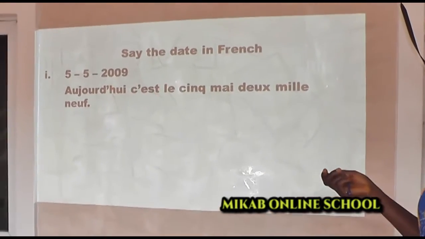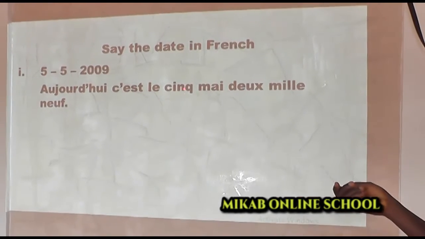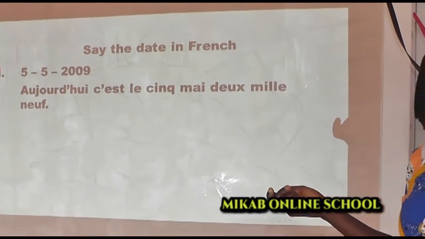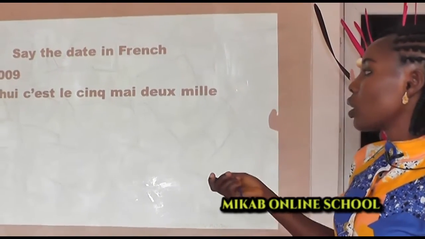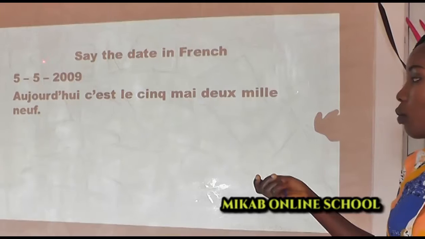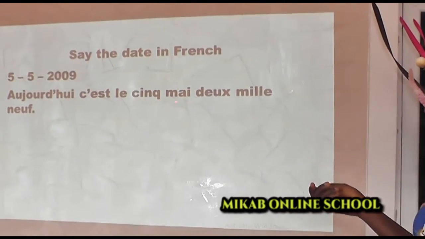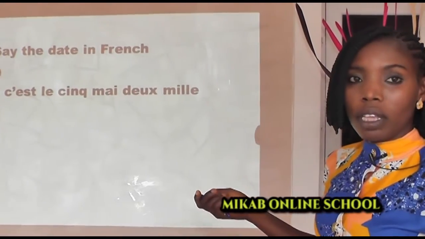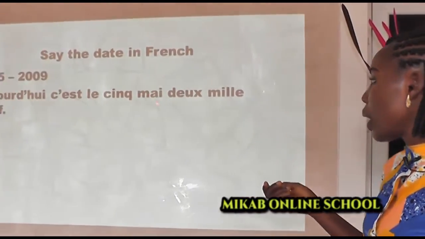Aujourd'hui c'est le 5. Le 5 means 5. Then the month of the year is 5th, which is May. When we are reading the months of the year, the 5th month is May. So that is why we put May here.